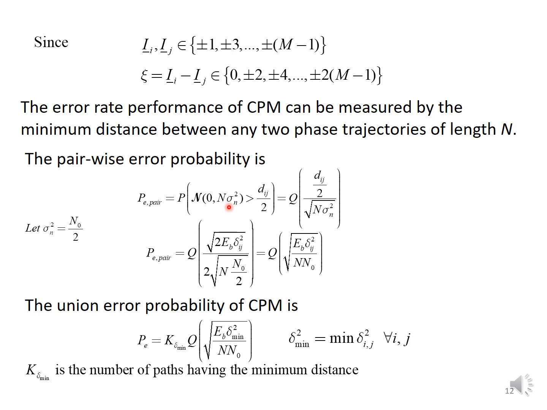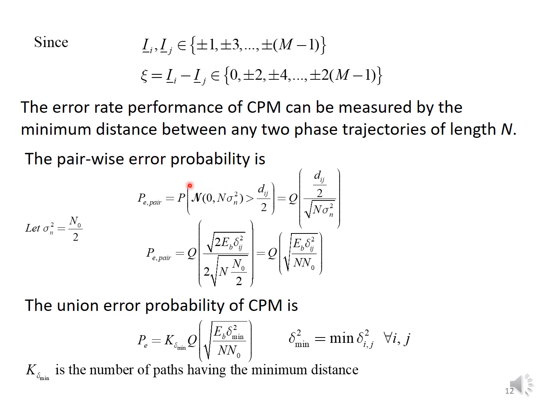The distance is a random variable with zero mean and variance of n sigma n squared, because of the length of n. When this random variable is greater than half of the distance, then we have an error in the detection of the path, right?